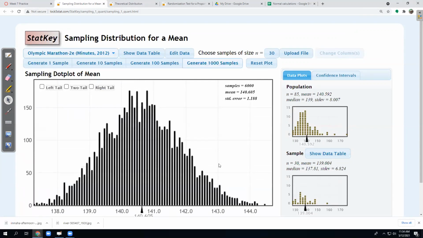According to StatKey, the spread of the sampling distribution, a whole bunch of samples of size 30 from this one right here, similar but different. So I have three different things going on: the population, the sample, and the distribution of samples of size 30. The standard error, which is the standard deviation here, is 1.188.